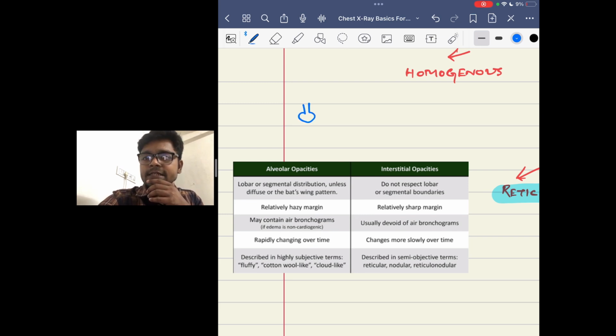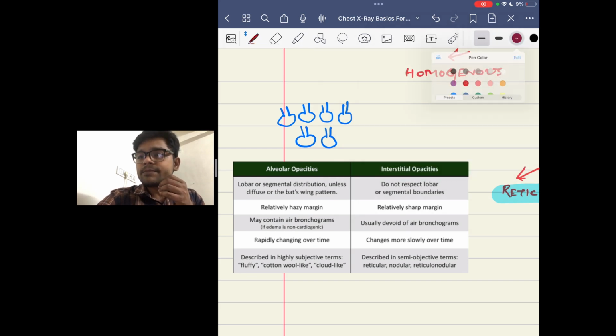So let's say these are the alveoli, right? These are your alveoli, alveolar sacs, and the interstitium is interspersed between your alveoli. They form the network, or the ground substance, the framework of the lung, connective tissue, right?